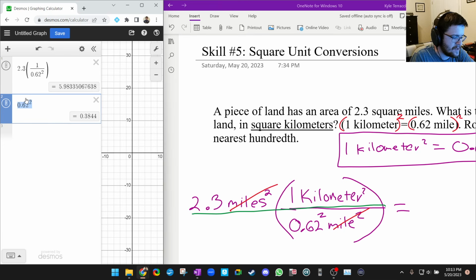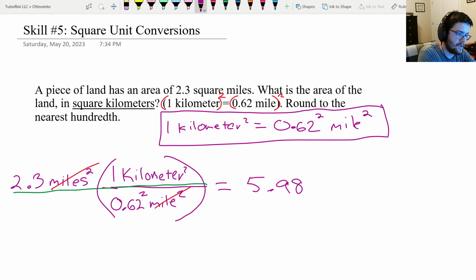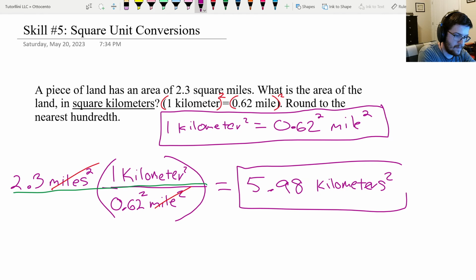Like I said, with decimals, it doesn't really make the problem any easier for me. This one says to round to the nearest hundredth, so we're going to say 5.98 square kilometers, or if you want, just write that as kilometers squared. All right, awesome job. Let's go back to the slides.